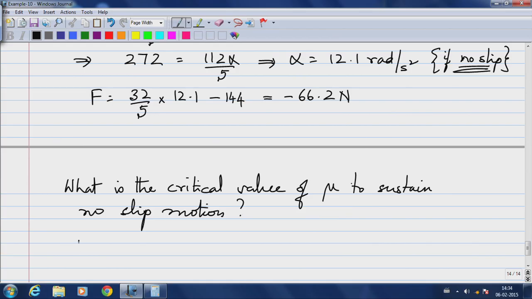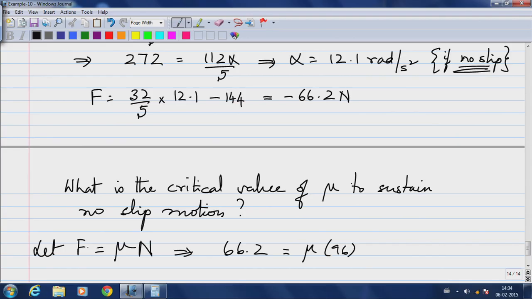The answer to that is gotten by equating F equals mu times N. That means this 66.2 newtons. I can ignore the sign because whichever direction the friction force acts, the mu calculation would be independent of that.